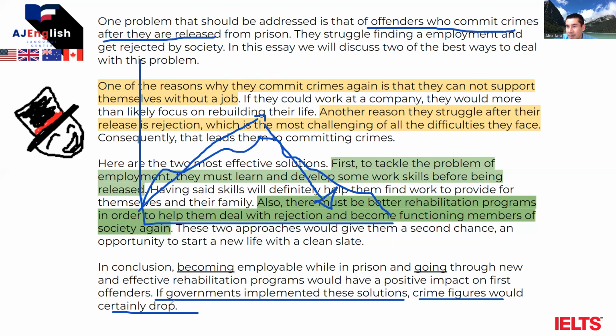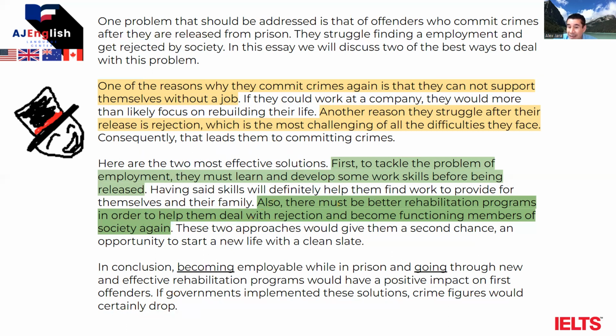That's what this means. The figures or the numbers would drop, boom. And ultimately that's the question, right? Remember the question was, what could be done to tackle the problem? And there you go. That's how you do it.